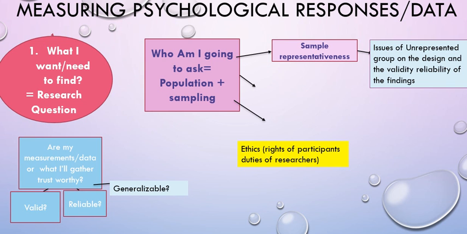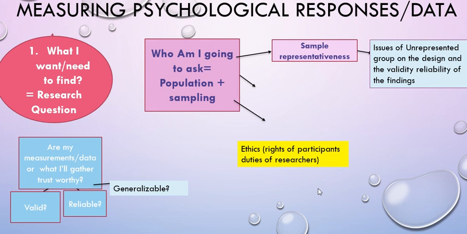I want you to remember that we are here. We have just finished discussing validity, reliability, generalizability, sample representativeness, and the impact of unrepresented groups in our design, and of course the ethics.